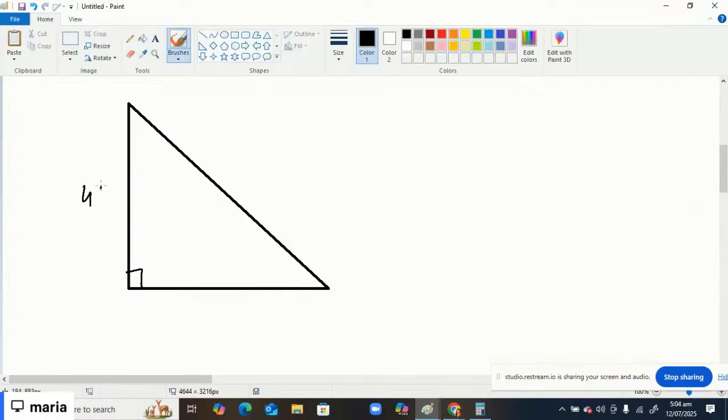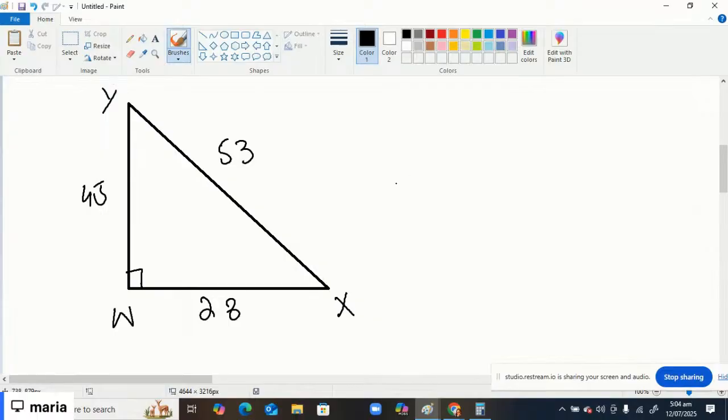This side is given, which is 45, that is opposite. The hypotenuse is given as 53, and the adjacent is 28. All the sides are labeled w, x and y. They are asking us to find the angle x.